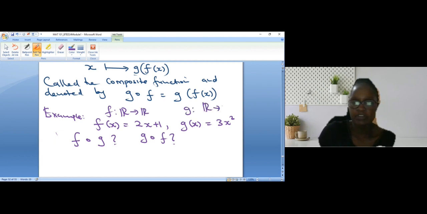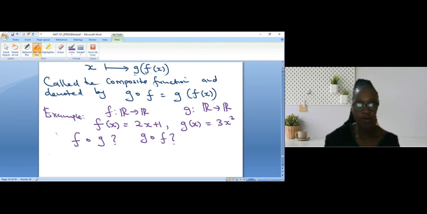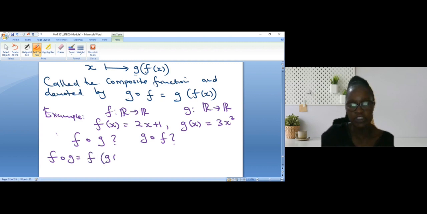So we can combine in whichever direction. So that f composite g by definition would be f of g of x, meaning that where there is an x in f of x, you put in g of x. So this would be the same as 2 into 3x squared plus 1.